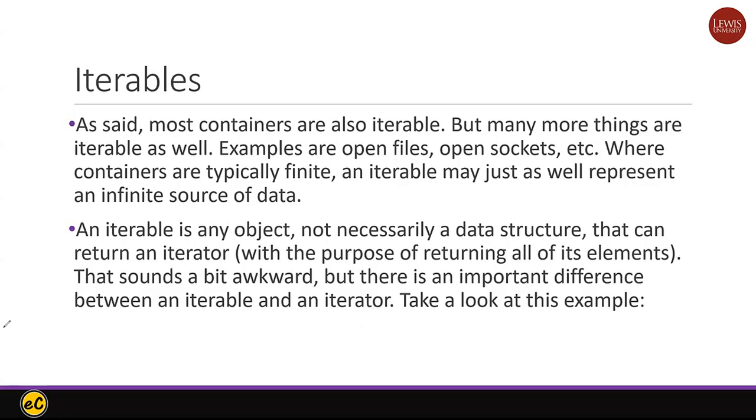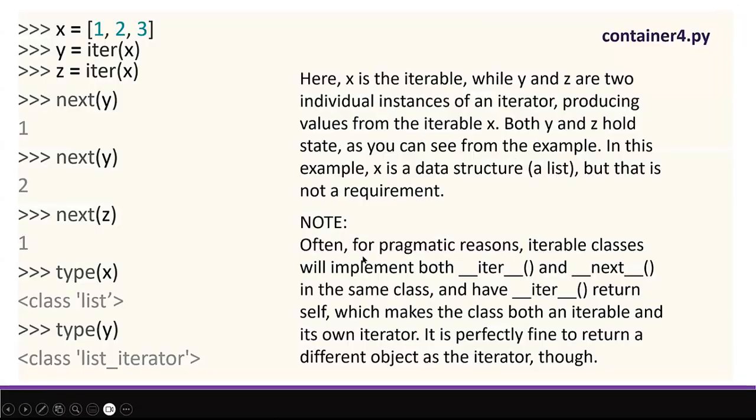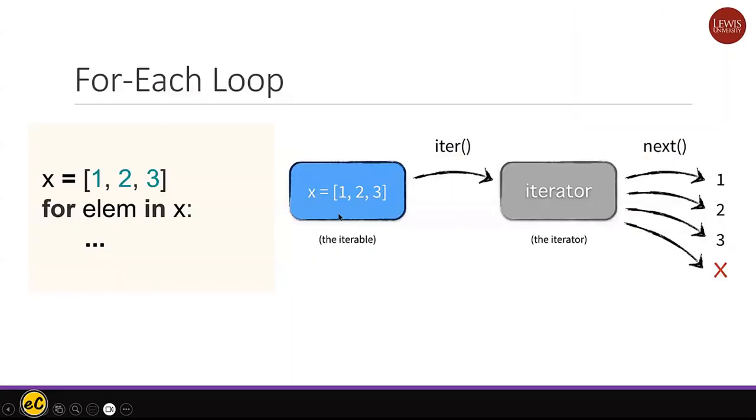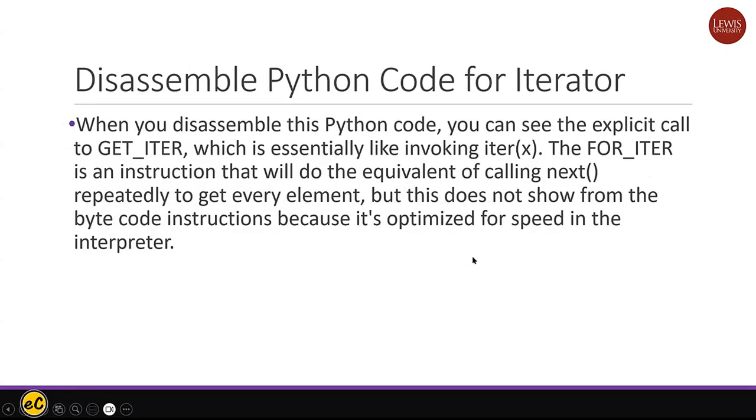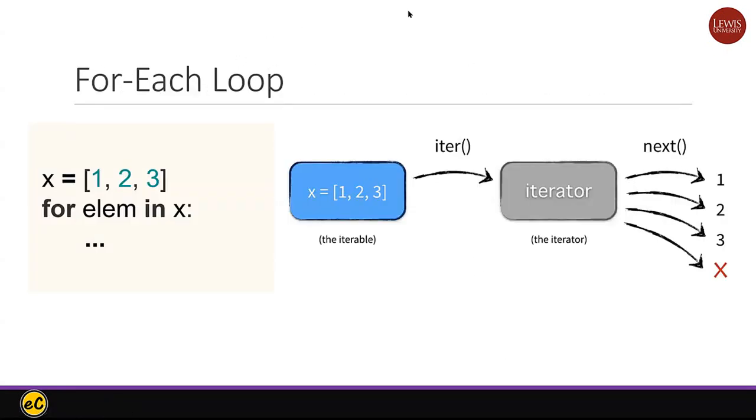The following one shows you how to create an iterator and also how to use it. This is the relationship when you have an iterable and use an iterator to access every piece of data. For your for each loop to work, this x must be iterable.